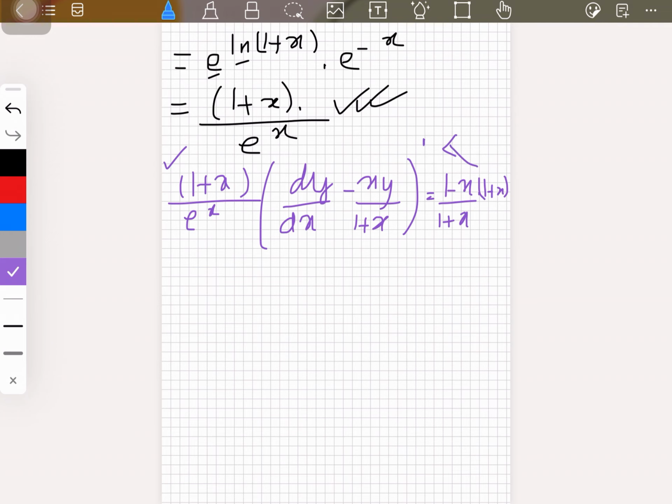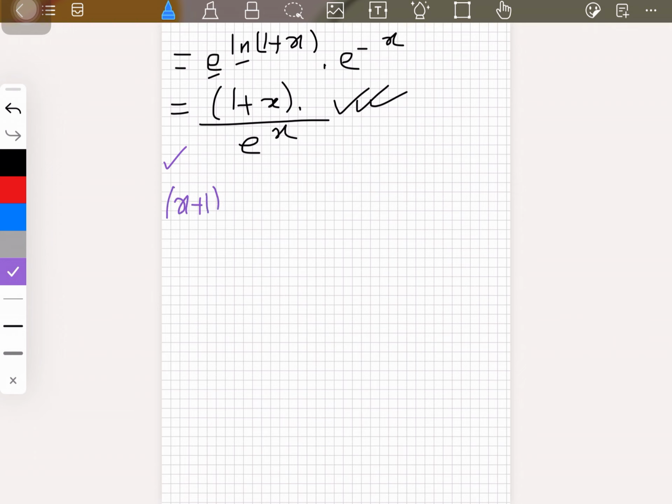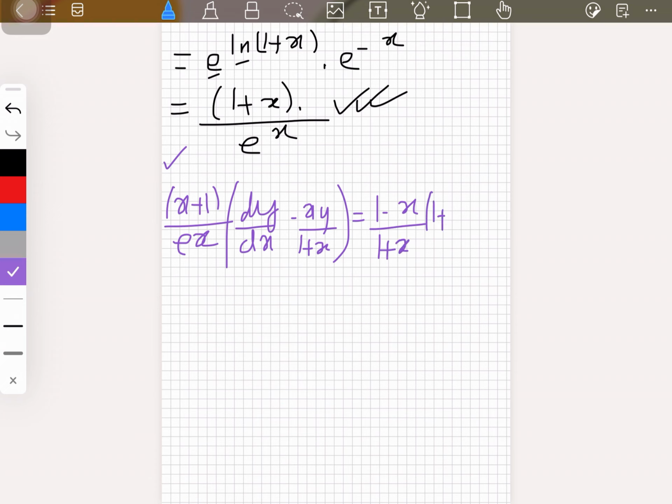There's no space, so I'm just writing it so that you understand. Or wait a minute, let's write this in small handwriting. Till then you can copy it in your notebooks so that you don't waste time, or you can just skip forward. dy over dx minus xy over 1 plus x is equal to 1 minus x, 1 plus x over e to the power x. This 1 plus x cancels this 1 plus x.